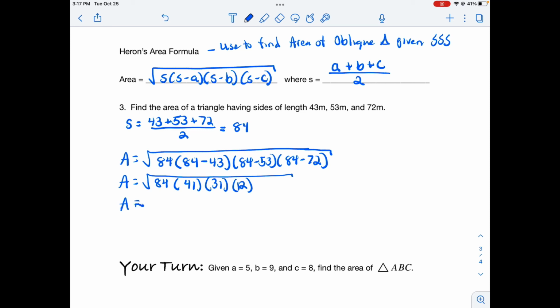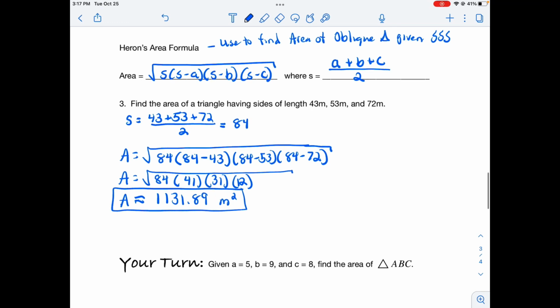Using my calculator, punching that all in, I get area is approximately 1,131.89 square meters. And this is how you find the area of an oblique triangle if you know the 3 sides of the triangle.